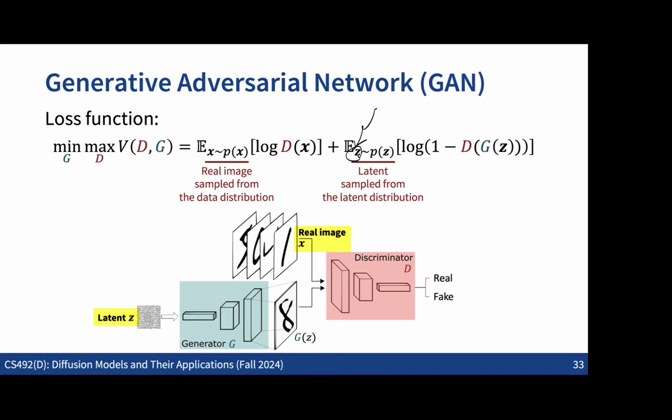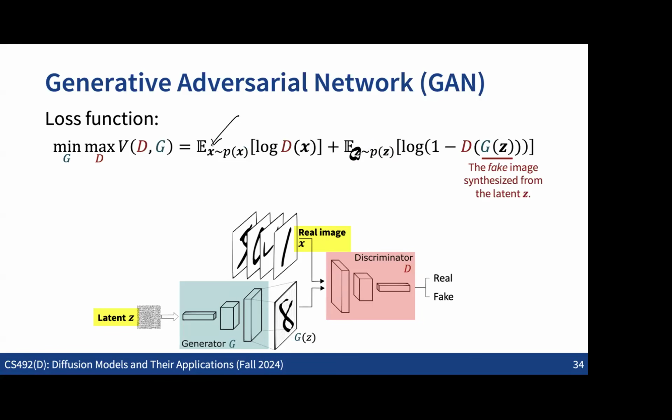So we have both x and z. Over the entire slide, we are going to use x as the variable representing a real image, and z as the variable representing a latent variable. And given these samples, G is the generator, which will map the sampled latent variable into a synthesized image, right? This is the fake image that we hope looks really like the real images.